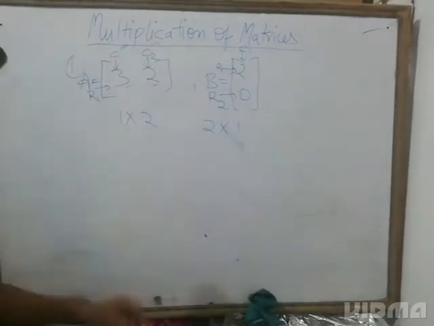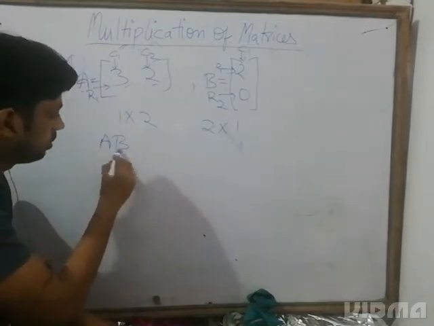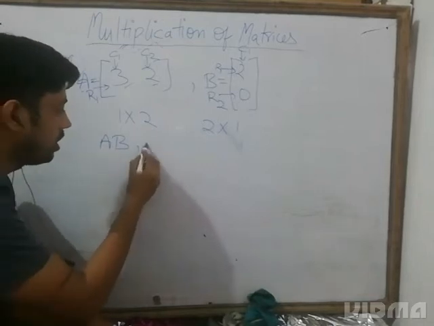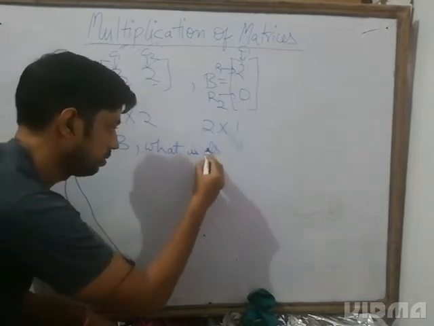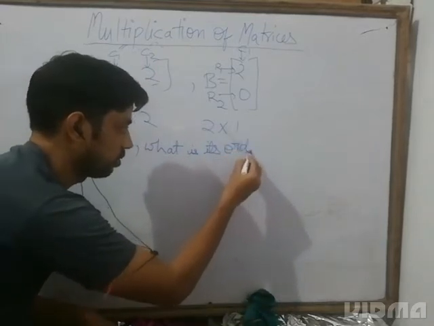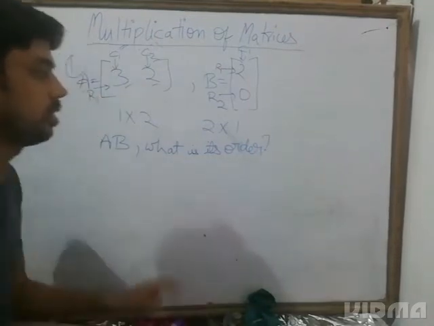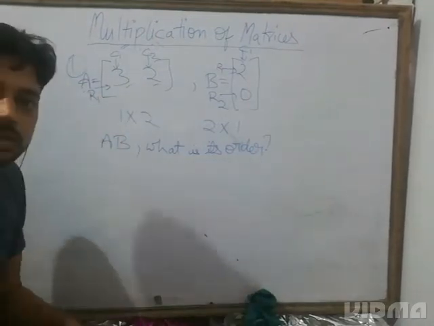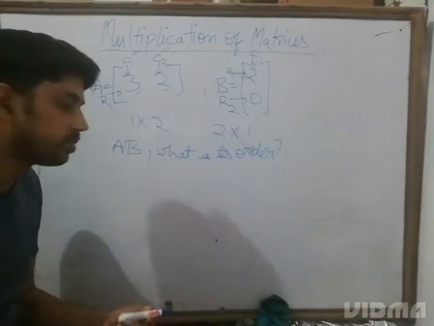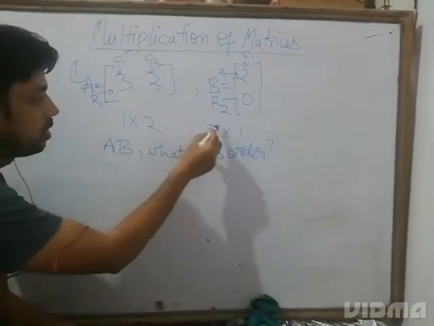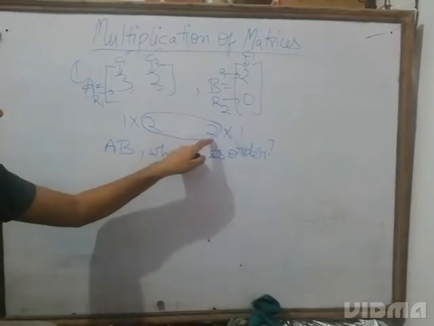So see, when we multiply A into B, what will be its order? We have to remove the middle numbers.